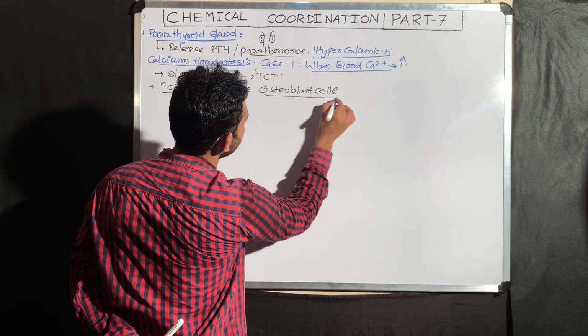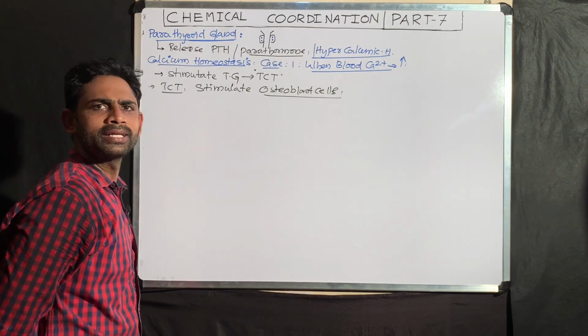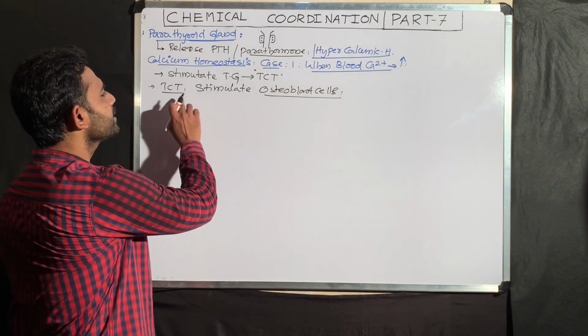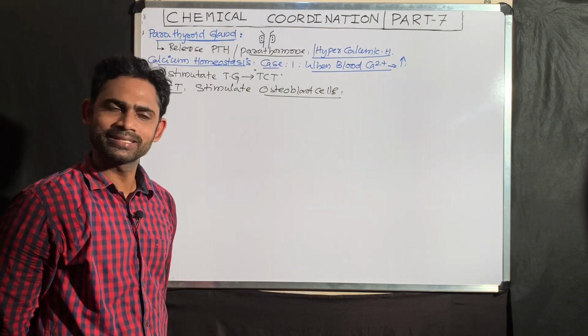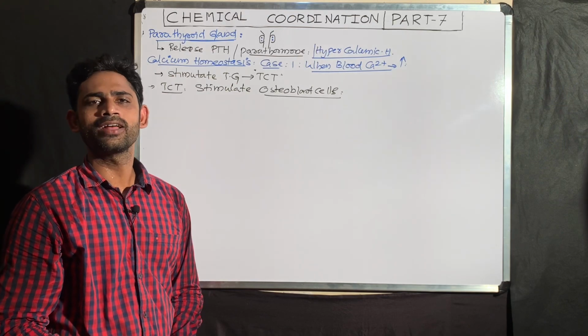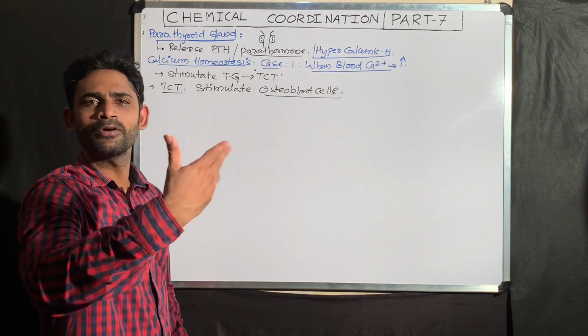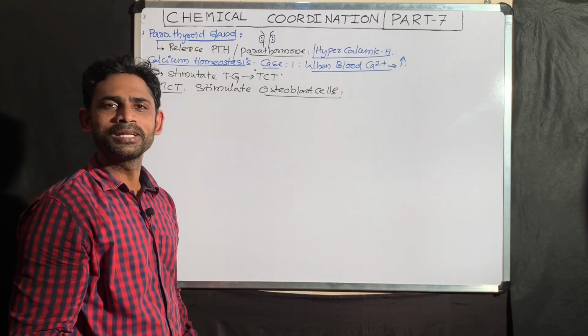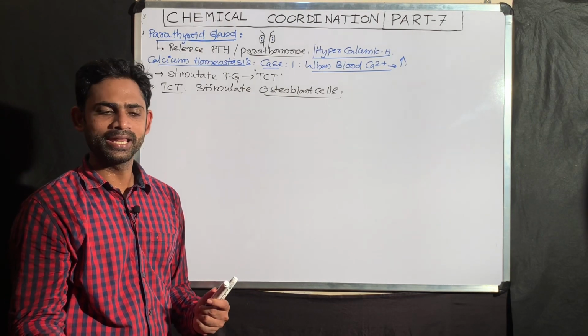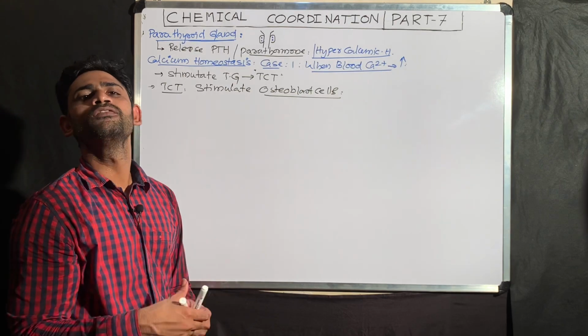As we know, bone is made up of two important cells, osteoblast and osteoclast cells. TCT stimulates the osteoblast cells. When these osteoblast cells get stimulated, they undergo multiplication. Then the excess calcium in the blood is involved in bone formation.